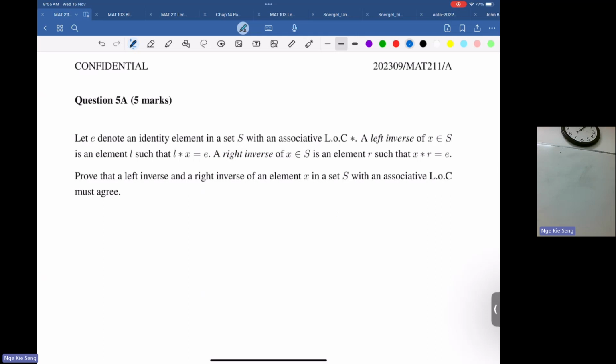One is composed on the right, you get identity. Then prove that a left inverse and a right inverse of an element X in a set X with an associative law of composition must agree. So if left and right inverses exist, they must agree.